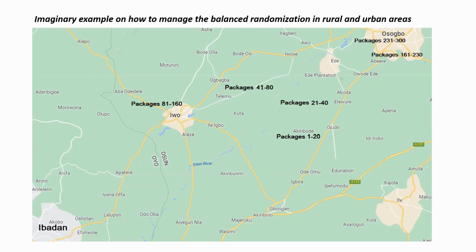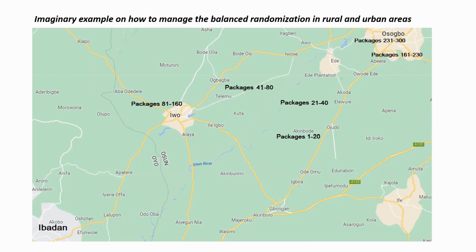You go package by package, numbered sequentially, to make sure that you have all the varieties represented while doing consumer testing. And here, as you see, we have different segments, rural and city population.